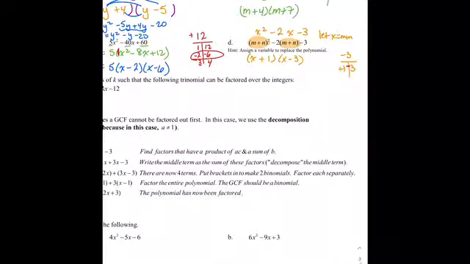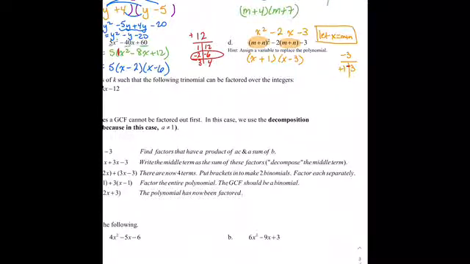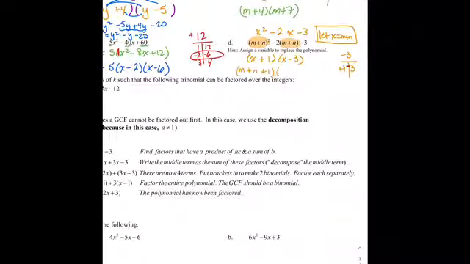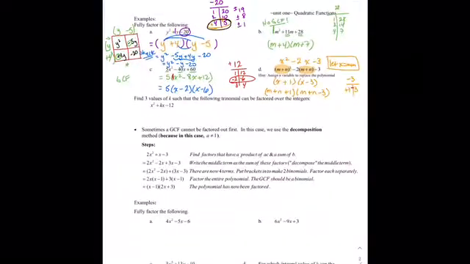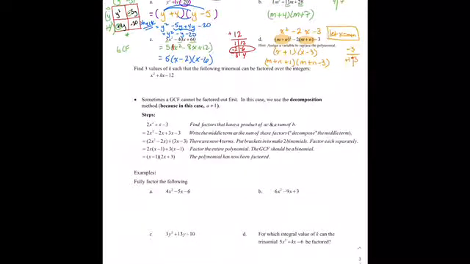But now I have to go back and write my final solution. Where I have an x, I'm going to sub back in m plus n. So we get m plus n plus 1 and m plus n minus 3. Okay? So that's a good start for those types.